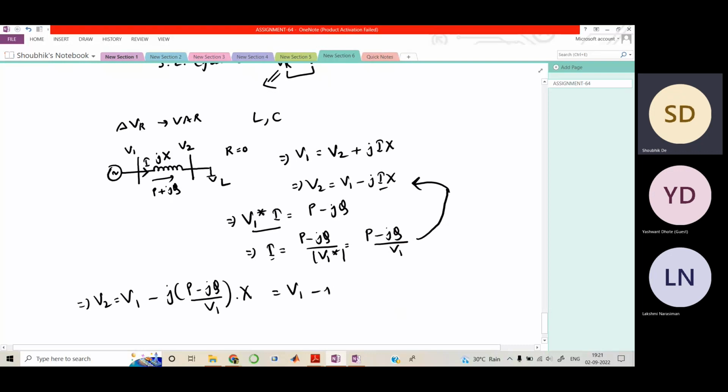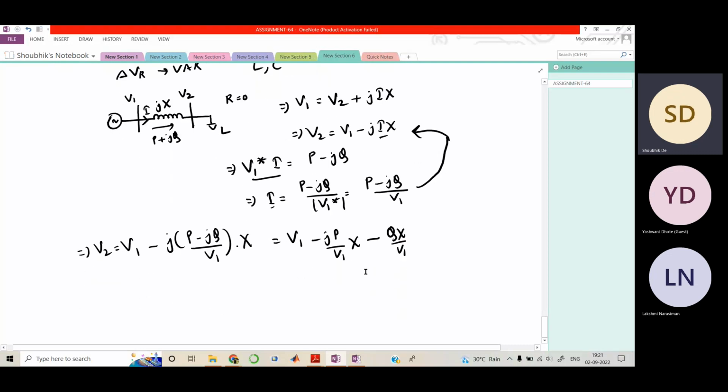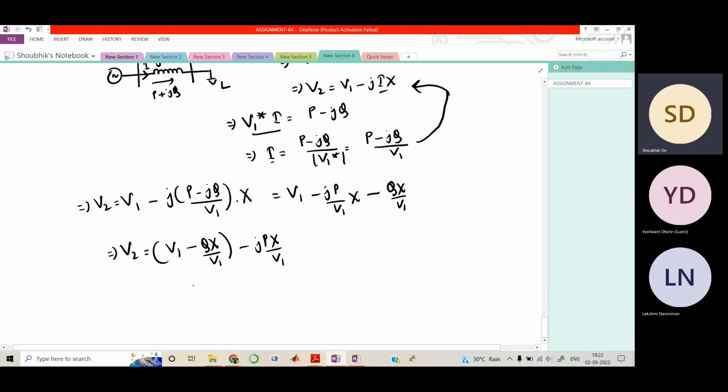This becomes minus jPX by V1, and minus times minus becomes plus, and j times j becomes minus again, so QX by V1. If I combine all the real terms, this would be V1 minus QX by V1, and we are left with this term, which is the imaginary part.